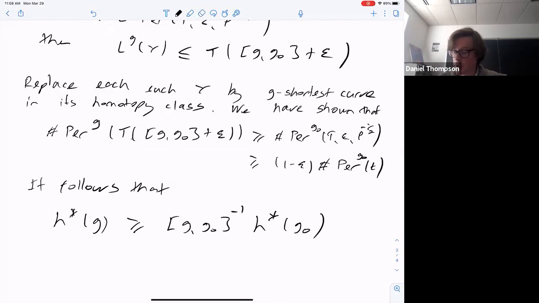The epsilon was arbitrary, so that's coming out in the wash. But once we divide through, the G0 is going to stay on both sides.